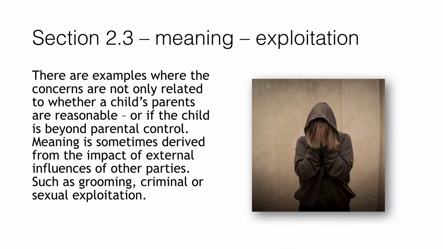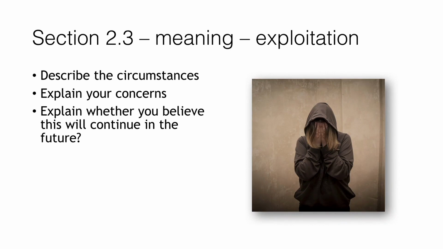The third section in meaning refers to more modern factors that weren't as prevalent in 1989. This is the area of grooming and exploitation. The harm may not be a failure of a reasonable parent or that of a child being beyond parental control, but that other forces were at work, such as sexual or criminal exploitation. Section 2.3 includes two prompts to explore the issues relating to exploitation.